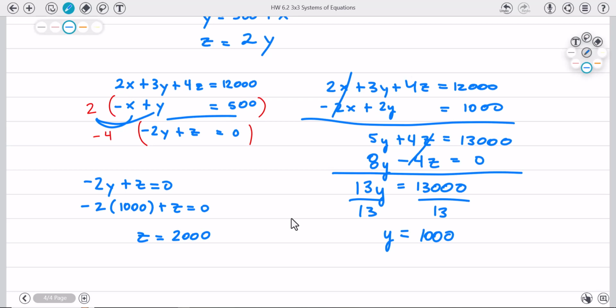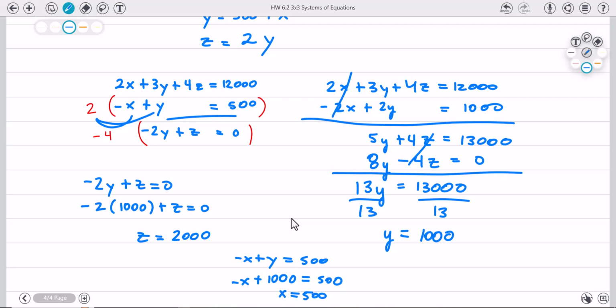And then finally I can use my negative x plus y equals 500, plug in y is 1,000, and solving this I get x equals 500.